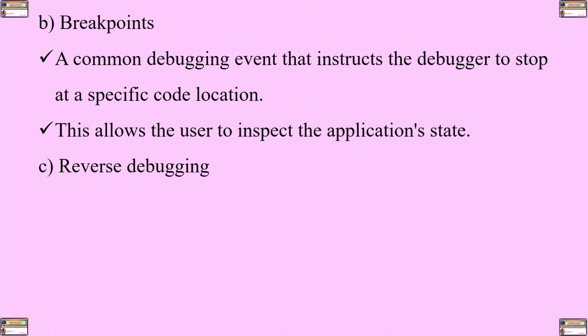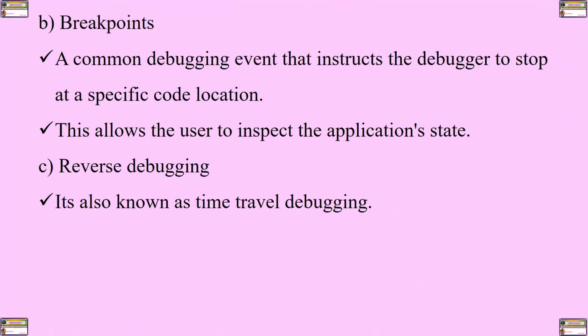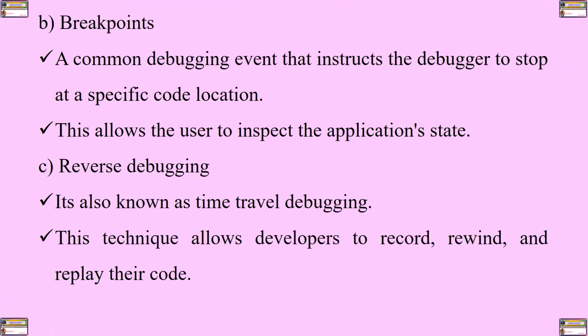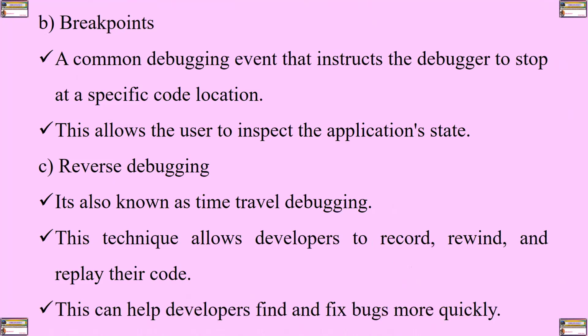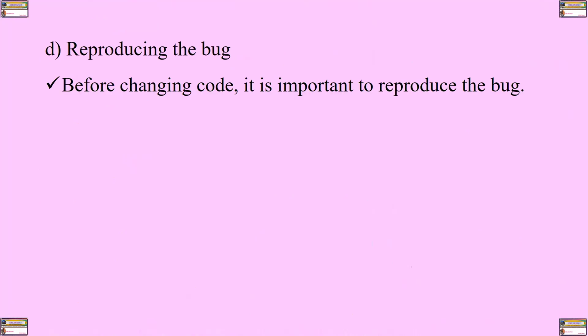We also have the reverse debugging. It is also known as time travel debugging. This technique allows developers to record, rewind, and replay their code. This can help developers find and fix bugs more quickly. The fourth one is reproducing the bug. Before changing code, it is important to reproduce the bug.